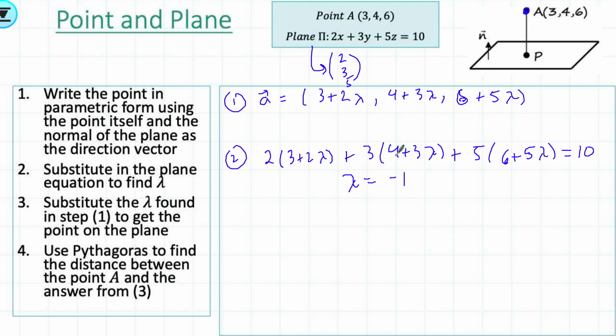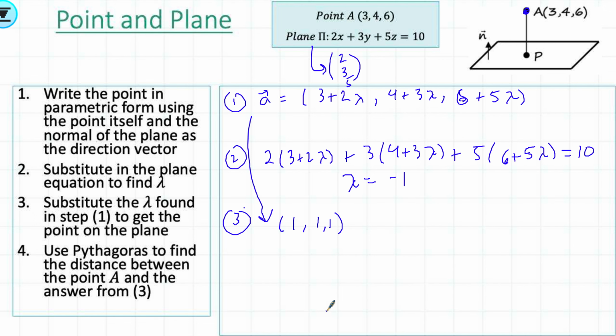So if lambda is negative 1, then I will now substitute here to get a point on the plane. We're directly substituting the negative 1, and we will get the coordinate 1, 1, 1.